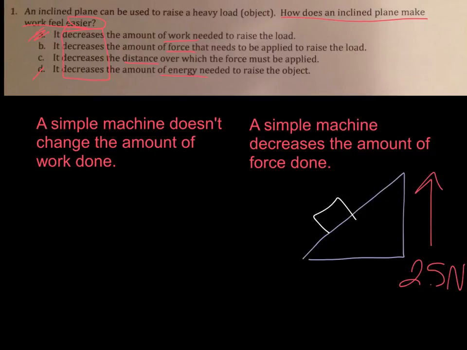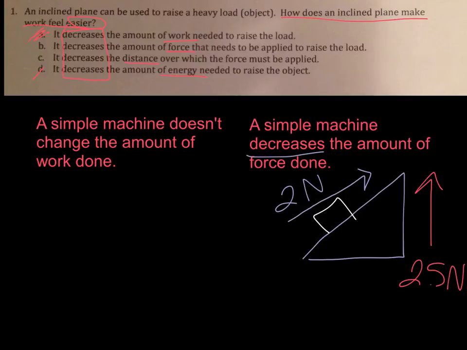However, when you raised it along the inclined plane, it took about 2 newtons of force or less, depending on how steep the inclined plane was. That shows us there is a decrease in the amount of force used when you use a simple machine, such as an inclined plane, versus lifting the object straight up. So far letter B looks like it could be our answer.